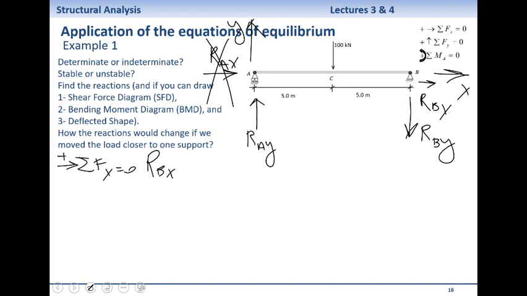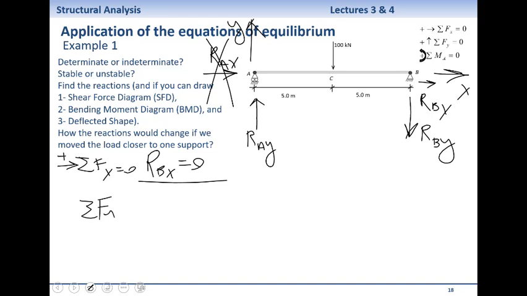Anything else? Plus nothing equals 0. So that already tells me that there is no horizontal force happening at point B. Potentially it can produce it, but at the moment there is no external horizontal force. If there was, then we would have a horizontal reaction at point B.